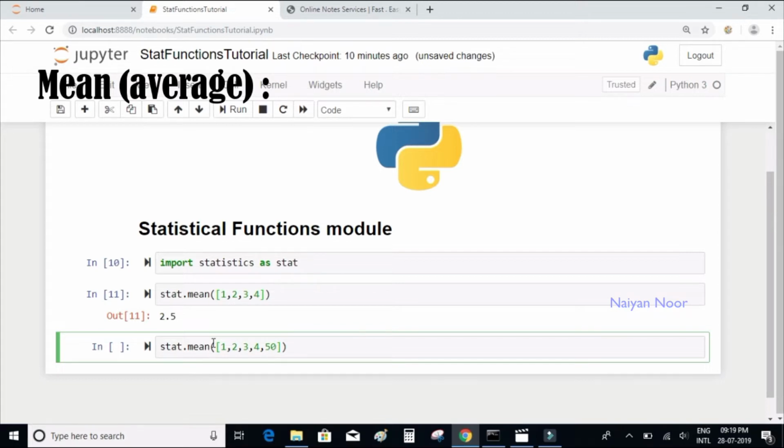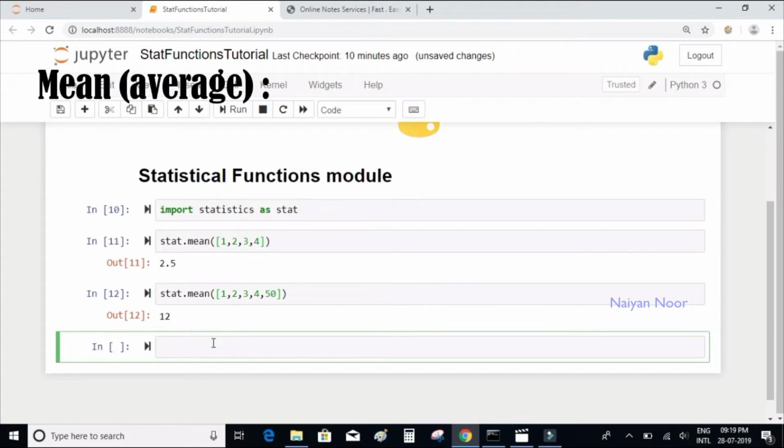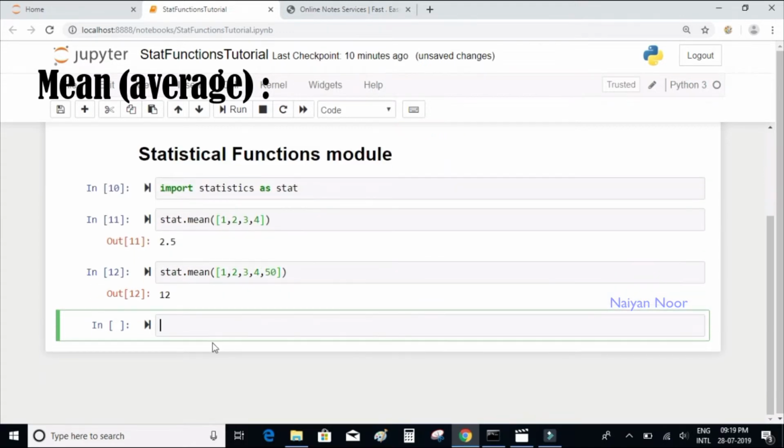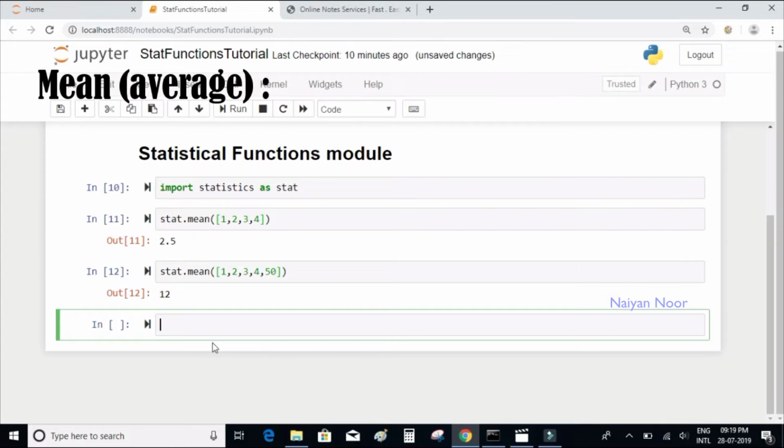If you take the average in this case, you get 12, and obviously 50 has contributed a lot to this number. So this is not a proper measure, because 50 is an outlier, which means it is unusual to have 50 in this kind of list. So we have a measure called median, which ignores such outliers.